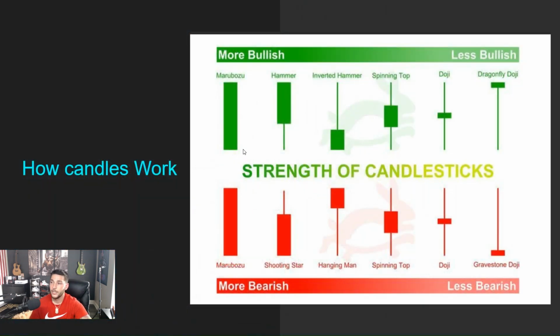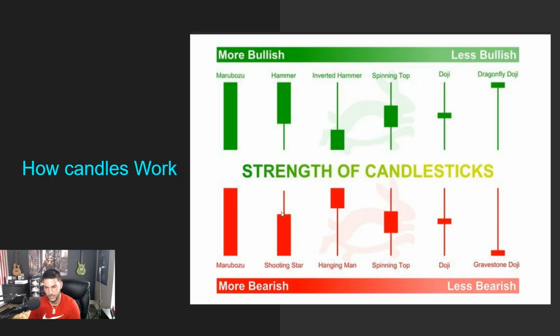Now, as far as the strengths go, you see how the body of this candle, there's no wicks for either, for bulls and bears. That is a strong candle. Price came down and then pushed all the way up and closed that strong. So that tells you that the buyer is just pushing through.